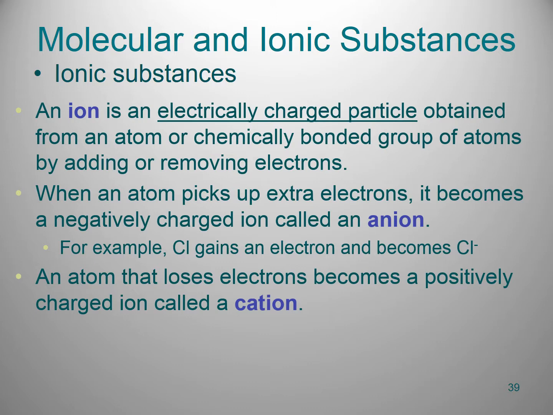An atom that loses electrons will become positively charged, and that is called a cation. I always remember which is which because anion is, you can think of it as a negative ion, anion, and then cation has the T in it, which sort of looks like a plus sign. So you can remember that the cation is the positive ion.